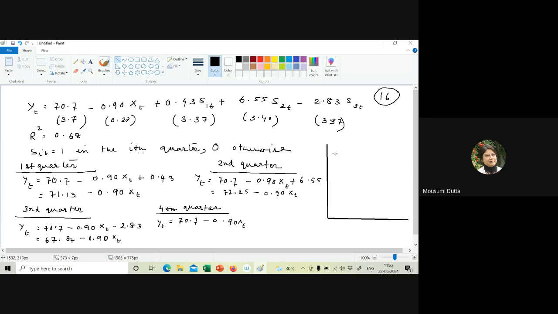Which one has the highest intercept? Second quarter.